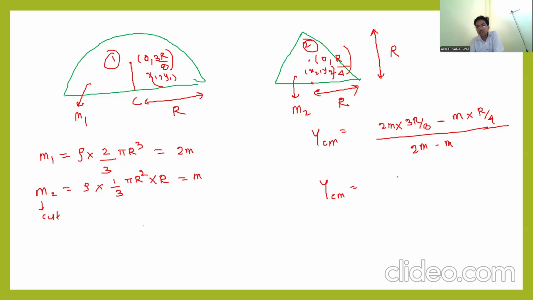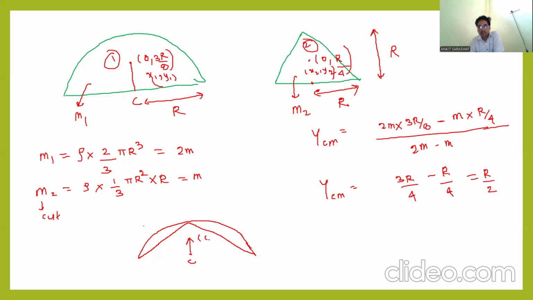So it will be 3r by 4 minus r by 4. So once you solve, you will get r by 2. So coordinate will be what? For this shape, its center of mass from C will be where? At 0, r by 2. Is it clear to you?